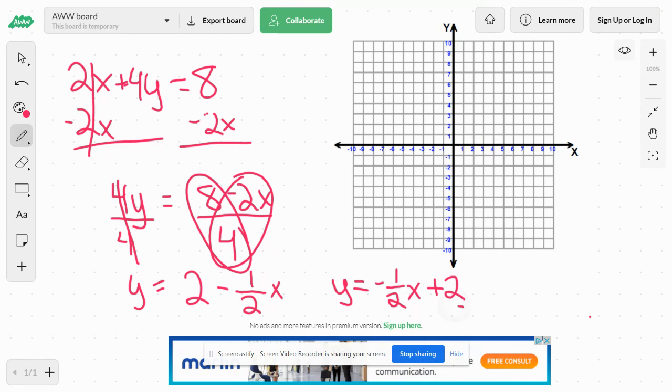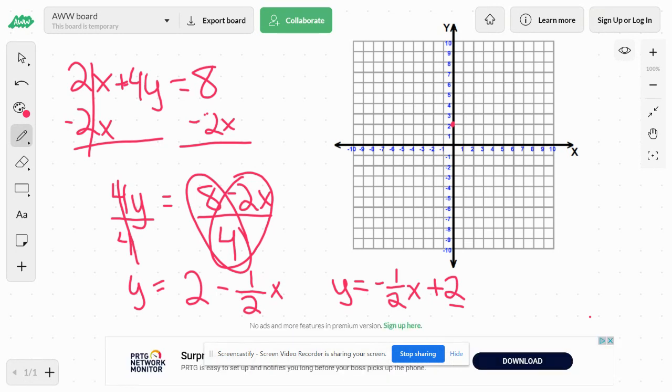I see my y-intercept is 2, so I can make my first point there. And I see my slope is negative 1/2, so that is going down 1, right 2, down 1, right 2, down 1, right 2, and so on. It would look like that.